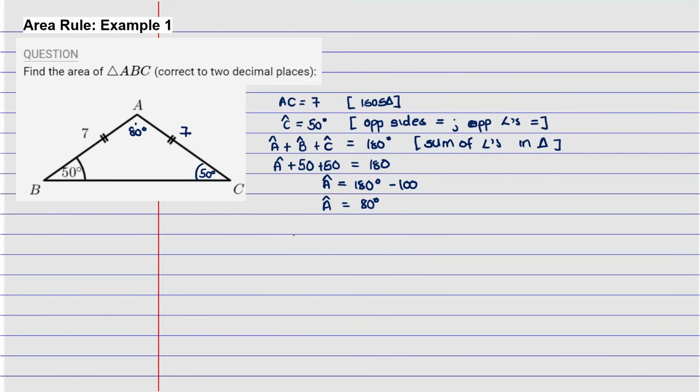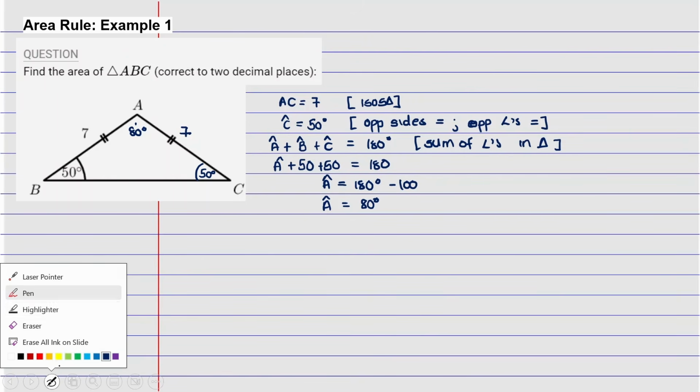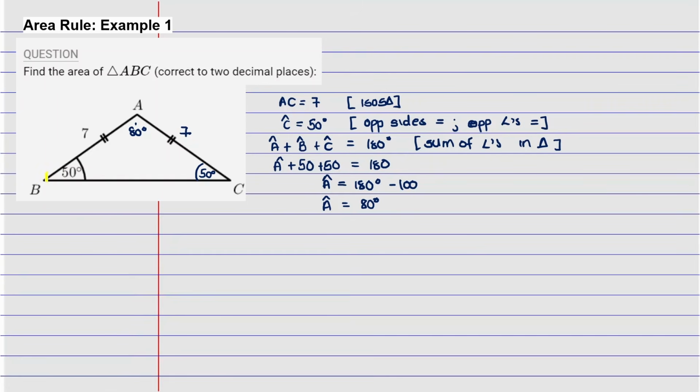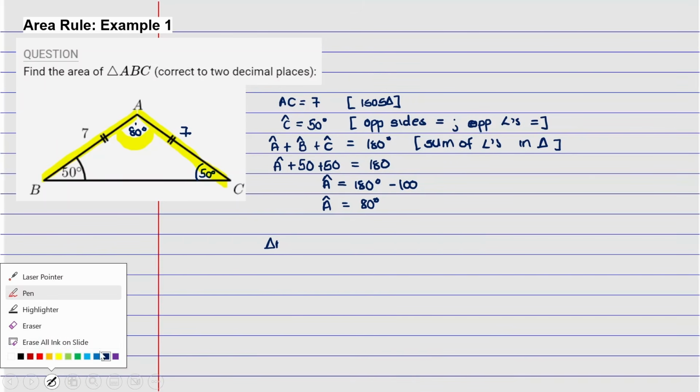Now remember that when you're finding the area, we need the two sides and the included angle. Do you see that we have two sides, which is this one? Before finding anything, we needed to find this angle because this is the only included angle. So the area of this triangle, let me write in the triangle first.